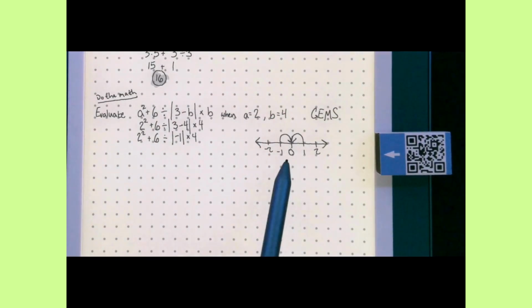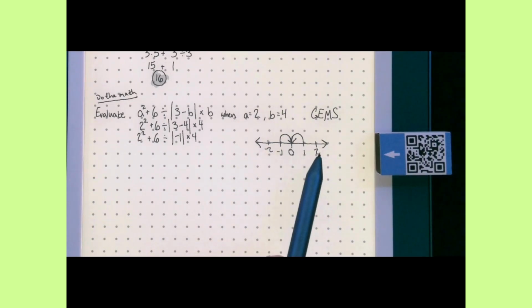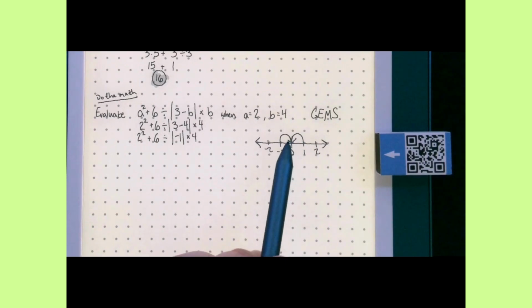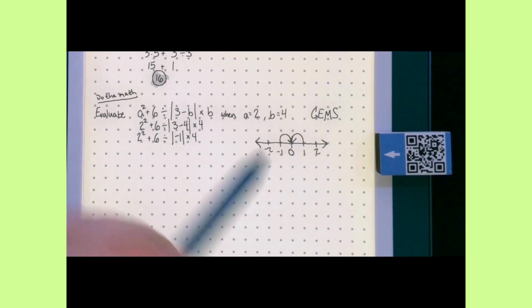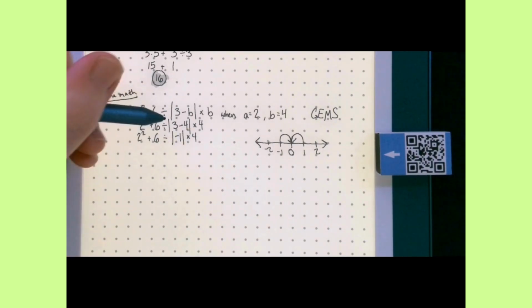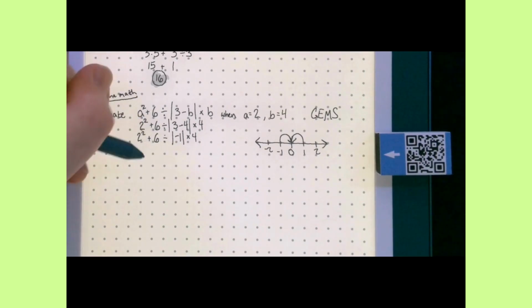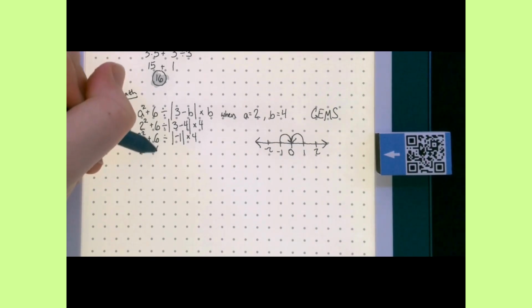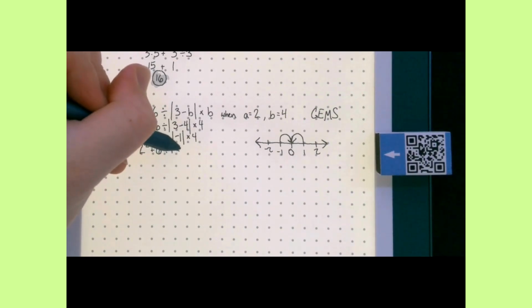So the absolute value just means how far this number is from 0. The absolute value of negative 2 is 1, 2 away. Positive 2 is 1, 2 away. So there is no negative distance. It is 1 jump away from 0. So that really means I have 2 squared plus 6 divided by 1 times 4.